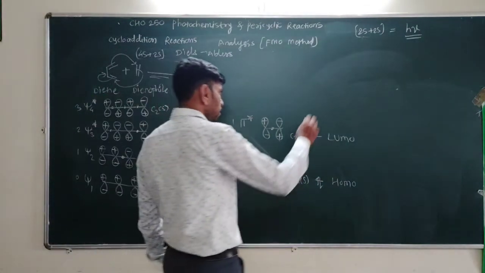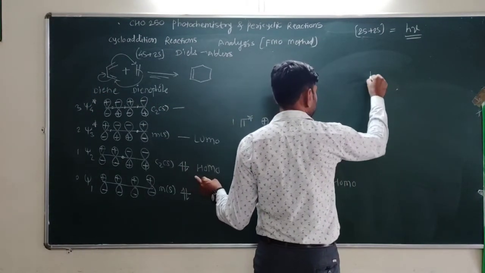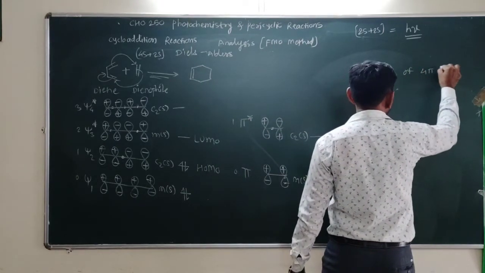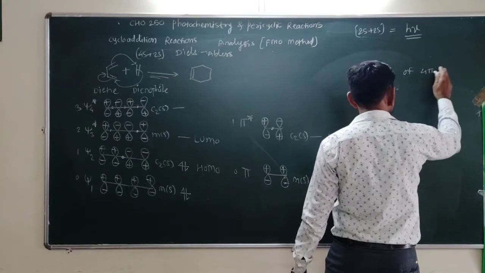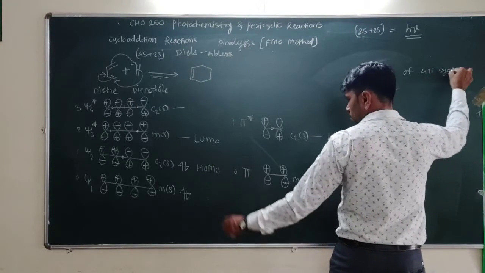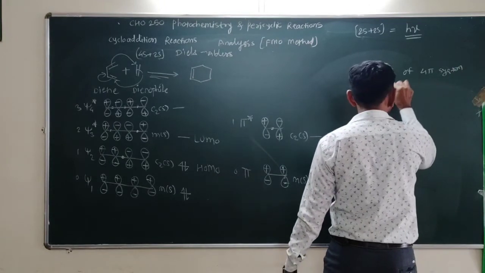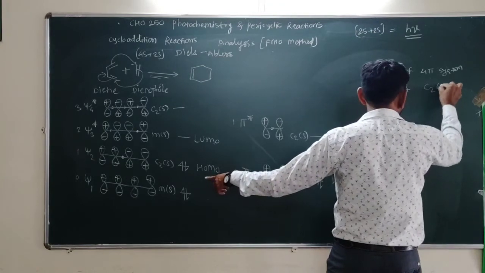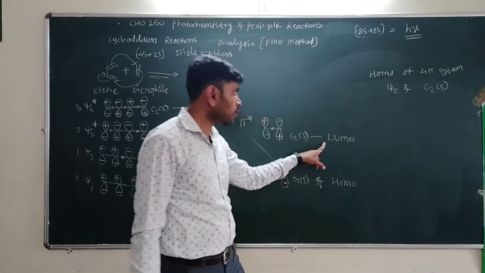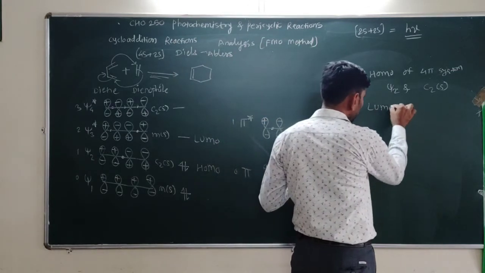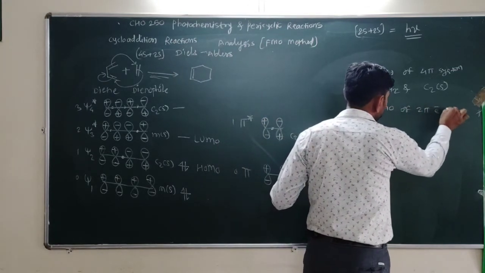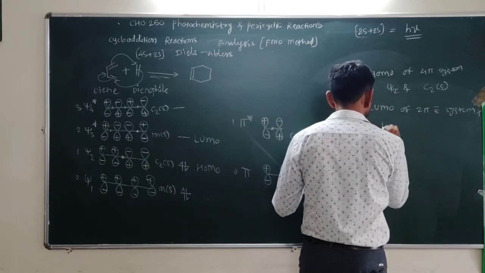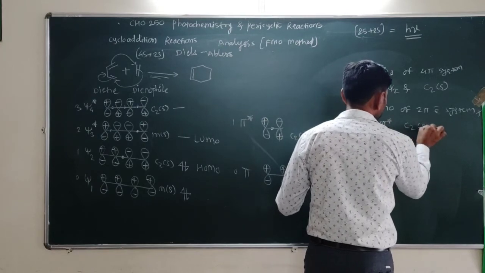So in this case, if we look at the HOMO of the 4 pi electron system, one partner, which is psi2, it has C2 symmetry, and also the LUMO of the 2 pi electron system, the other partner, is pi star and has C2 symmetry.